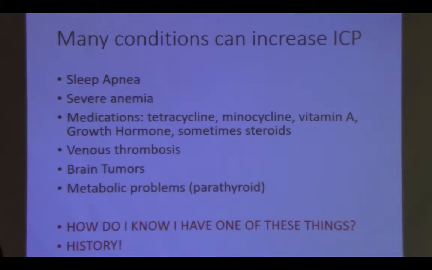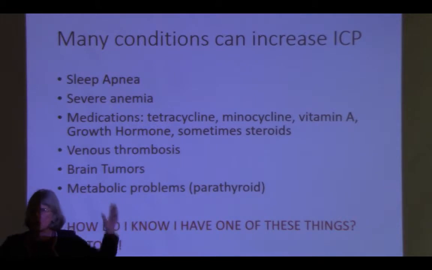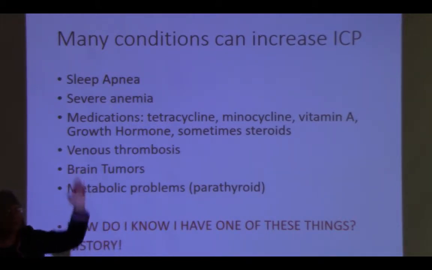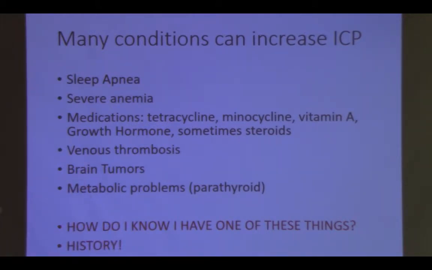Now, we use what we see in the back of the eye a lot, and that has to be done. You have to have an eye exam and often a visual field and things like that. We also look for other conditions that will make the pressure high besides the idiopathic form, that list of secondary causes. One condition is sleep apnea.